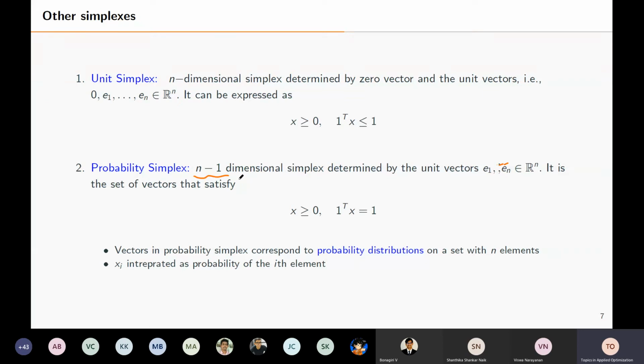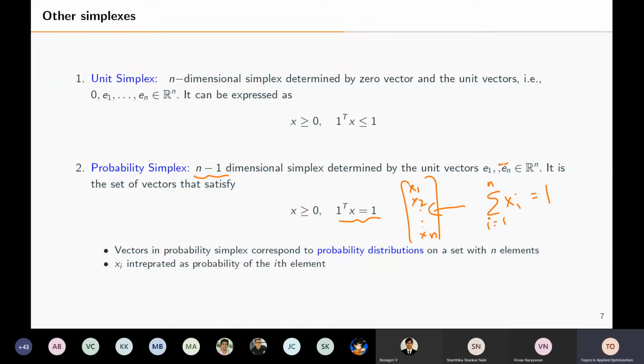It is the set of vectors that satisfy x greater than or equal to 0 and 1 transpose x is equal to 1. The way it is defined is with an equality here. That's probability, and the reason it is equal to 1 is that I can think of x as the possible probabilities that I'm going to have, and we know that the probabilities must sum up to 1. So this is why this is a special case.